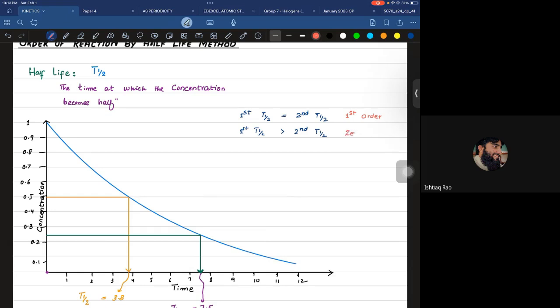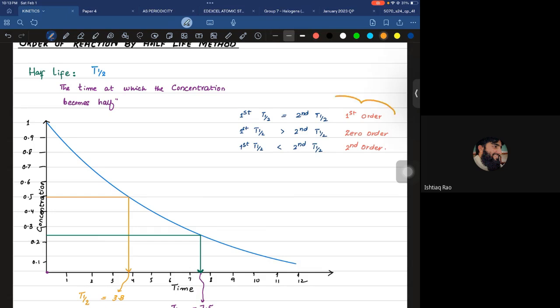And if the first half-life is less than the second one, this is the second order reaction. That's it.